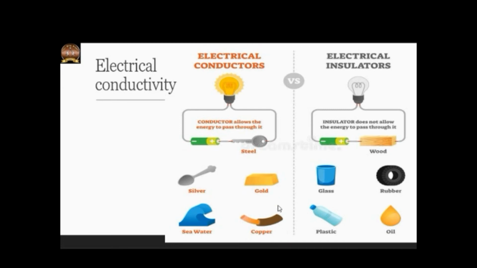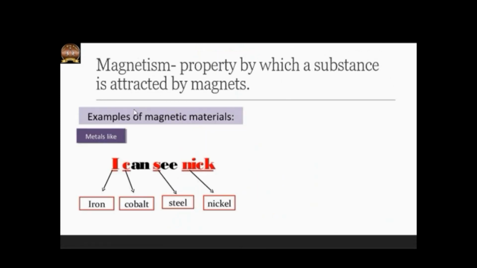This is because plastic, just like glass, rubber, oil, wood, etc., are insulators of electricity. They do not allow the electric energy to pass through them, and therefore they are known as electrical insulators.